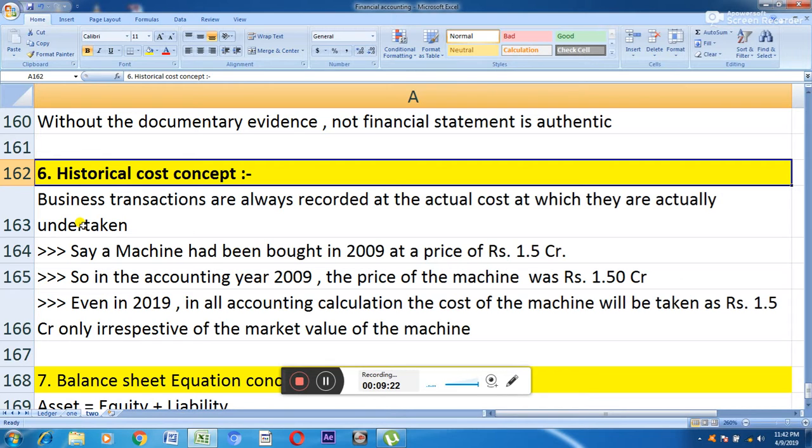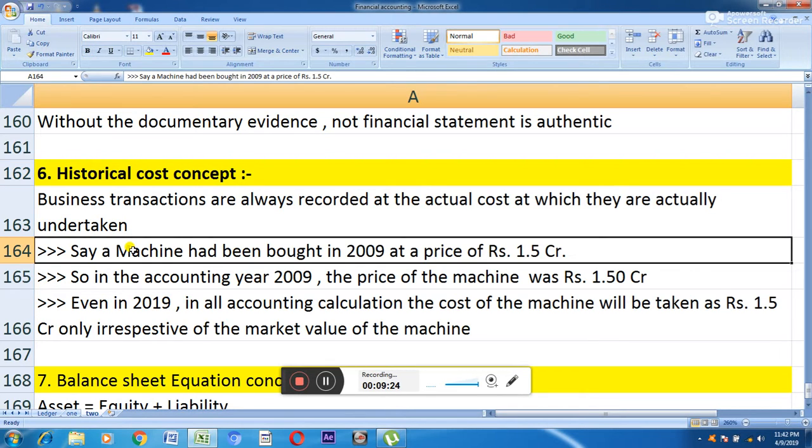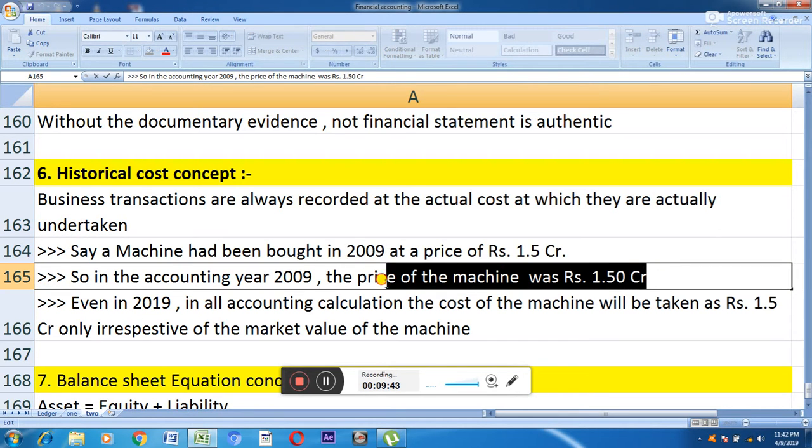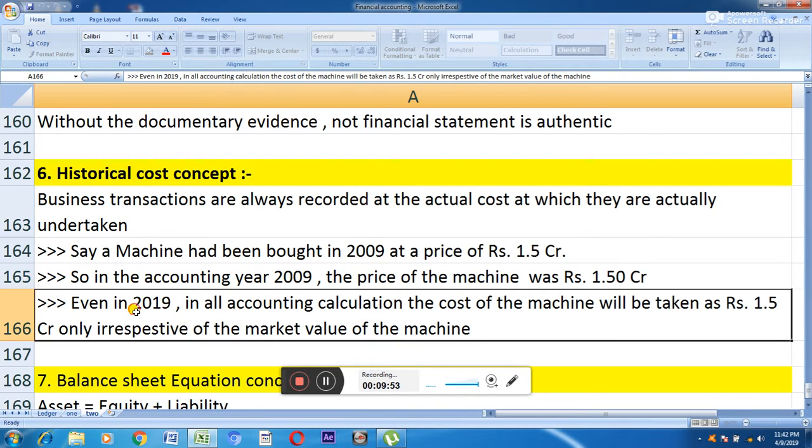So if we give an example, like a machine, suppose you are a company, you have bought a machine in 2009 at a price of 1.5 crore. So in accounting year 2009, the price of the machine was 1.5 crore. You are showing that machine in the asset side of your financial statement, that you have a possession of 1.5 crore machine.